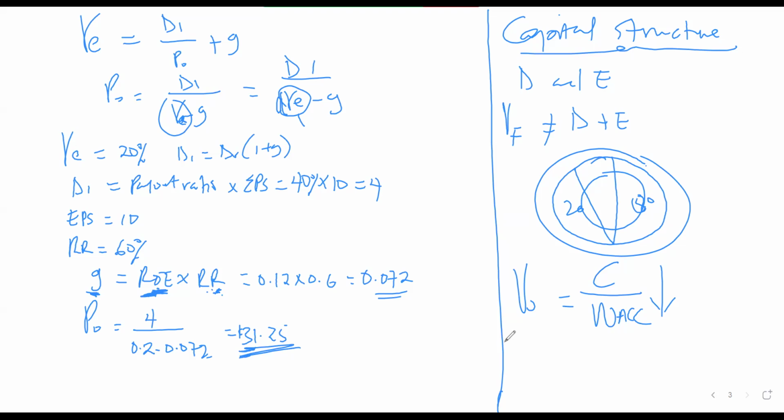So your RE, if we introduce debt, now becomes RO plus debt to equity ratio times (RO minus RD) times (1 minus T).